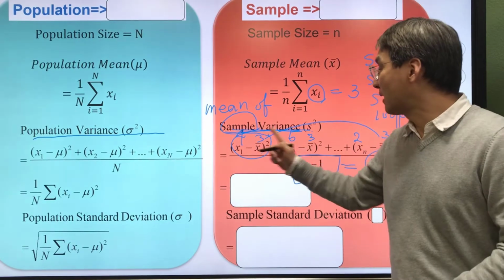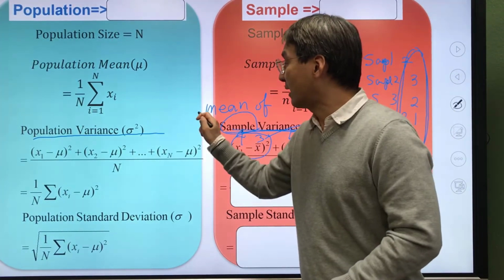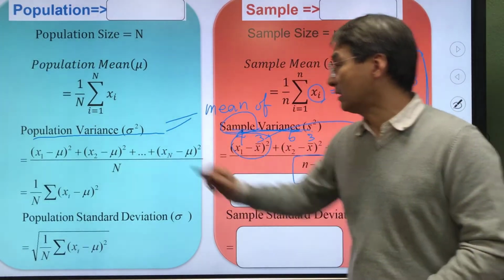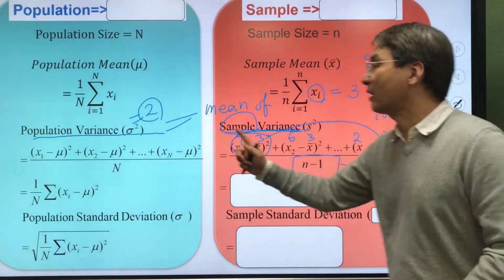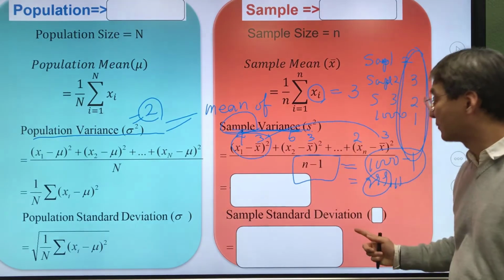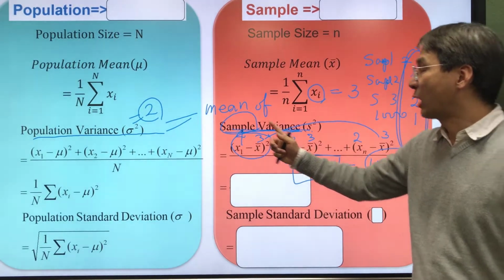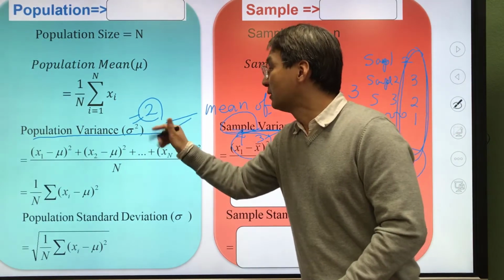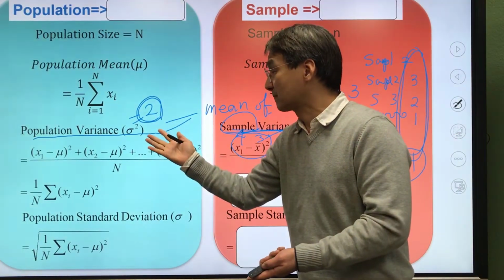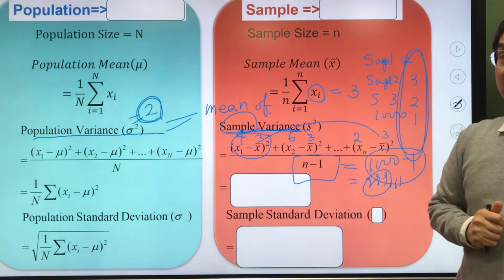So the mean of sample variance should be the same as the population variance. If this number is 2, then the sample variance cannot always be 2 because there are a lot of different sample variances. However, the mean of sample variance should be equal to the population variance. That's the purpose of sample variance.